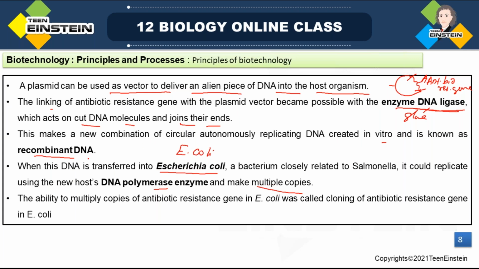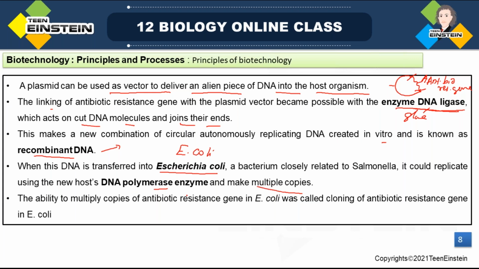When the recombinant DNA is formed with the help of the desired gene plus the plasmid vector, that DNA is transferred to Escherichia coli, a bacterium, and it can replicate by using the new host DNA polymerase enzyme.